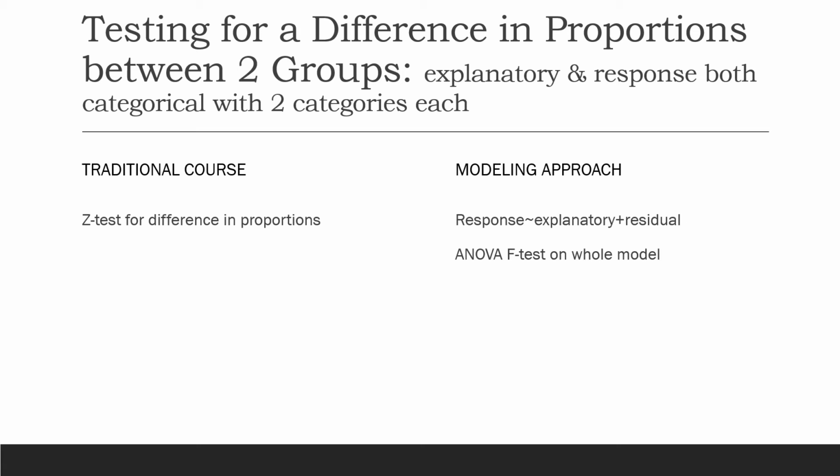Using a modeling approach, we can actually fit the response variable as a linear function of the explanatory variable, where here, again, the response variable is going to be categorical, and the explanatory variable is also going to be categorical. And when we do the ANOVA F-test on that model, it's not exactly equivalent, but it's going to give you a result that's going to be very, very similar to the p-value you get from this z-test or chi-square test.